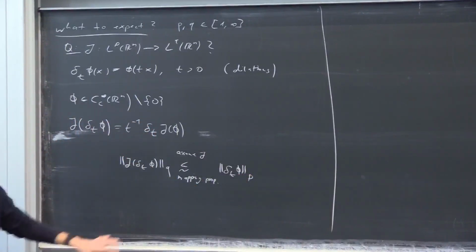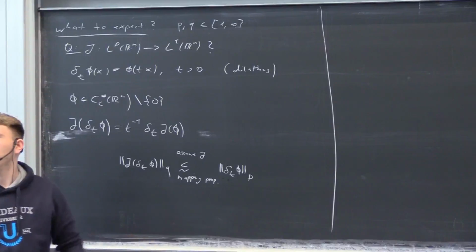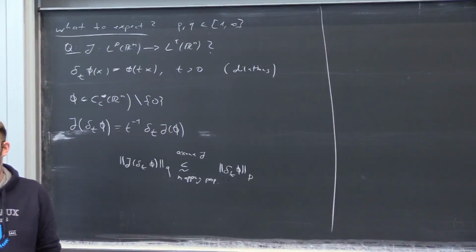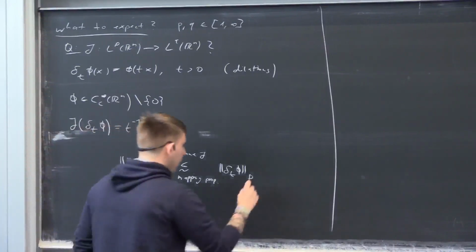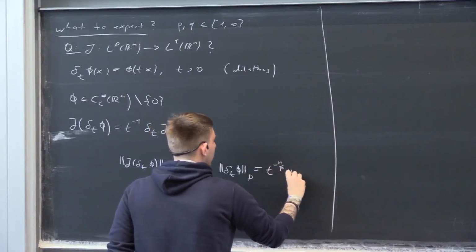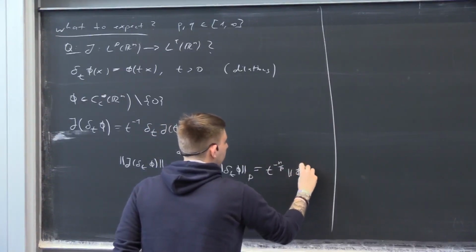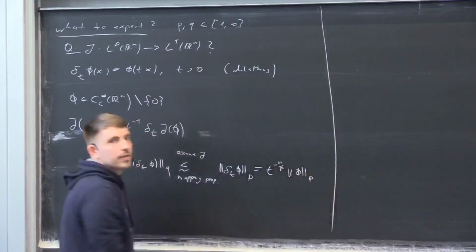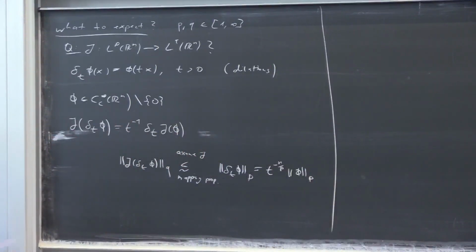And for this dilation in an L^p norm I can again directly compute what it gives me. The value of this is t to the minus n over p times the p norm of phi. So this is again just the obvious substitution.